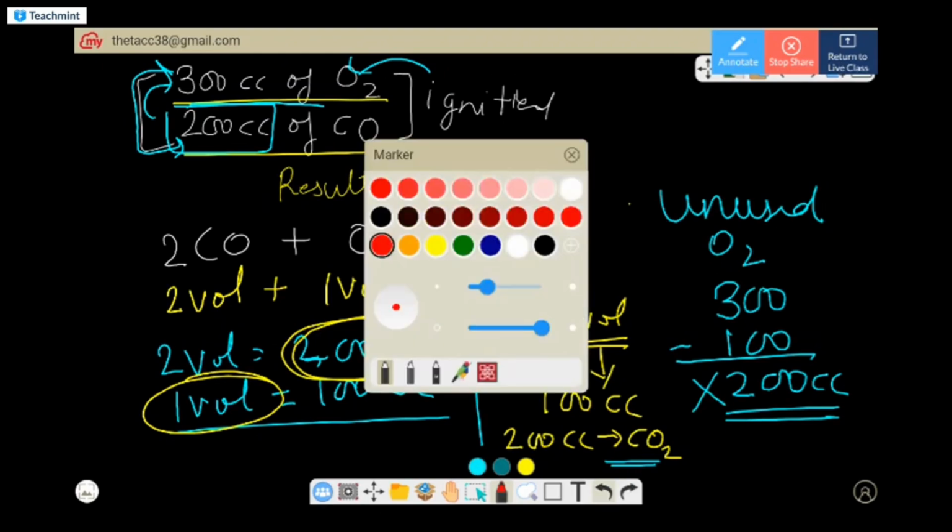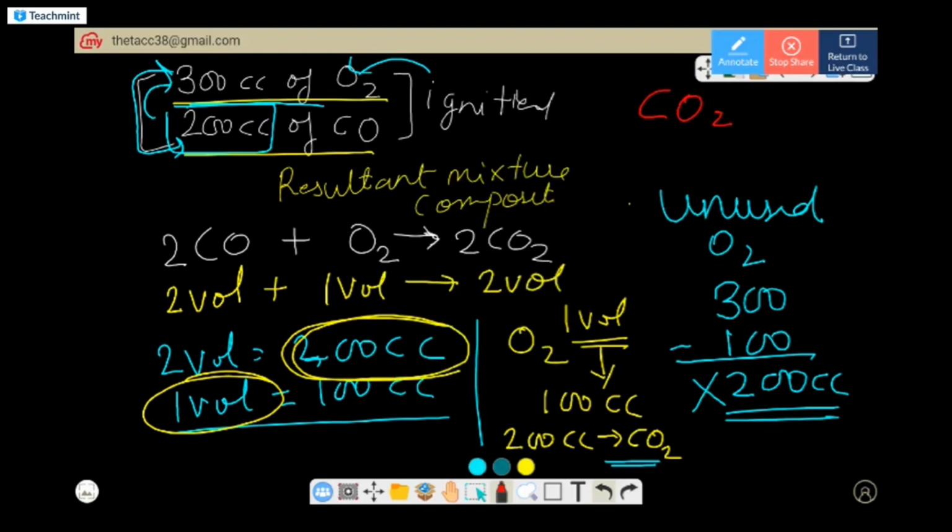First, carbon dioxide, and second, you would never write direct oxygen. Always write unused oxygen and write its volume. Carbon dioxide formed is 200 cc, and extra oxygen left is also 200 cc. For the resultant mixture, never write them separately, add them and show it. Total 400 cc of gas mixture was produced.